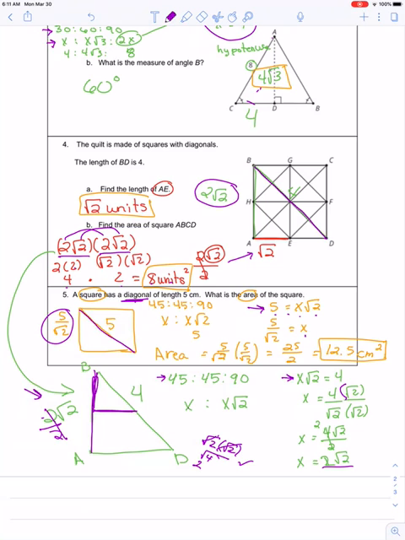Since we're going to be multiplying this, we don't really need to rationalize it, because we're doing our height times our base. So I do 5 over square root 2 times 5 over square root 2. Multiply straight across: 5 times 5 is 25, and square root 2 times square root 2 is 2. So 25 halves, which is 12.5 centimeters squared.